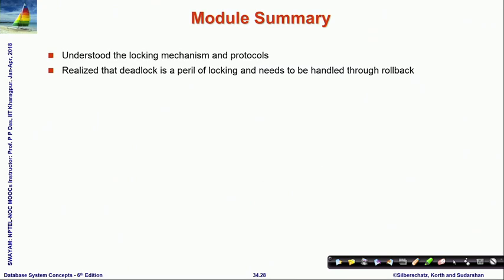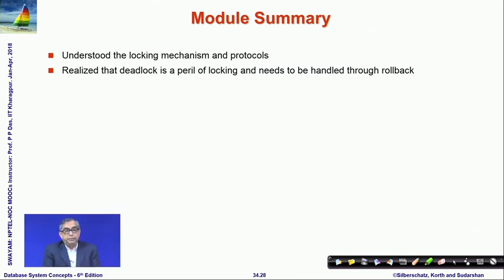Okay. So, this is a simple way to manage the locks. So, in this module on concurrency control, we have understood the basic locking mechanism and protocols. We have specifically looked at the lock compatibility matrix and the strategies of granting and releasing locks, and we have seen the consequent danger of having deadlock and in some cases starvation, which we have agreed to live with.